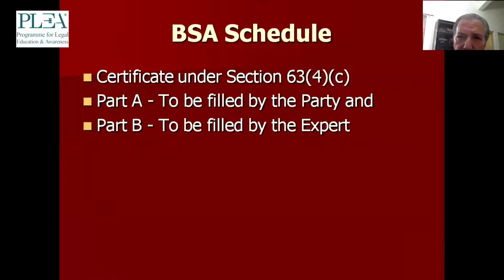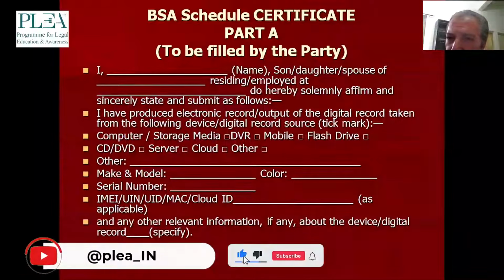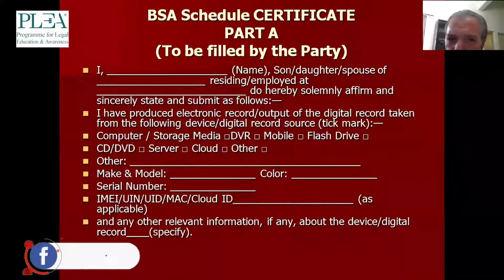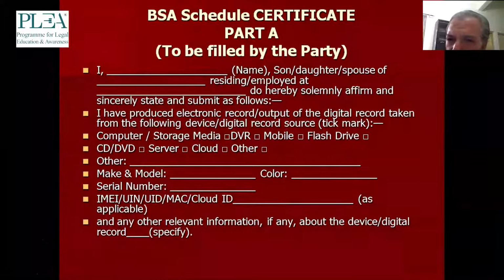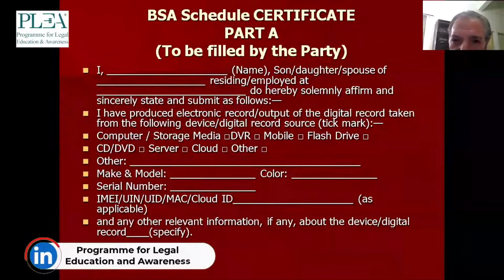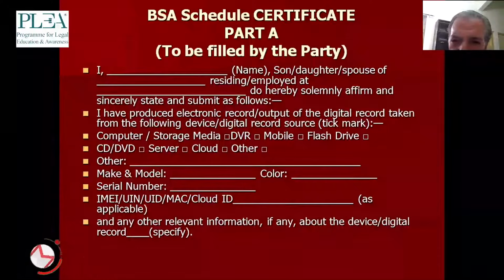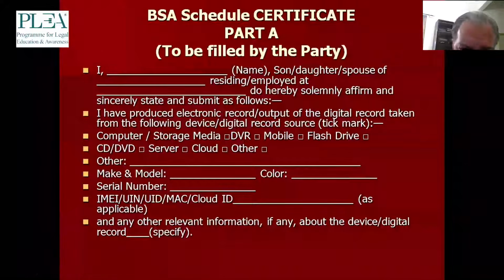So part A is to be filled by the party and part B is to be filled by the expert. This certificate looks like: I, name, son, daughter, spouse of someone, residing, employed at this place, do hereby solemnly affirm and sincerely state and submit as follows. I have procured electronic record or output of the digital record taken from the following device: digital record source, tick mark, computer, storage media, DVR, mobile, flash drive, CD, DVD, server, cloud, other has to be specified, make and model, color, serial number of the device.